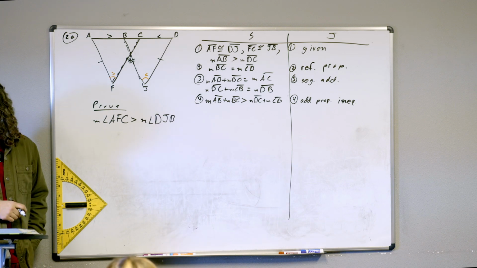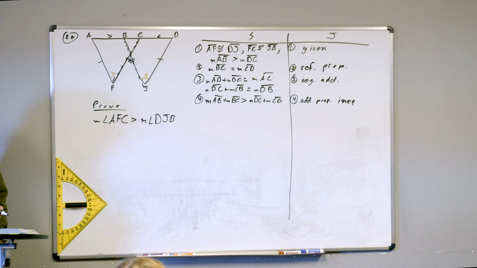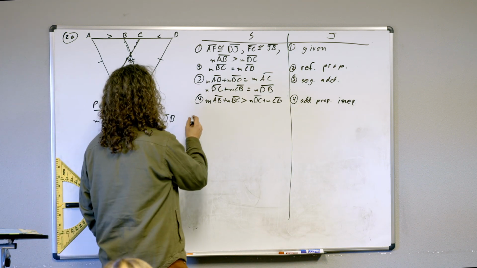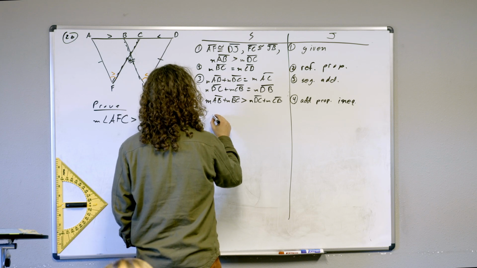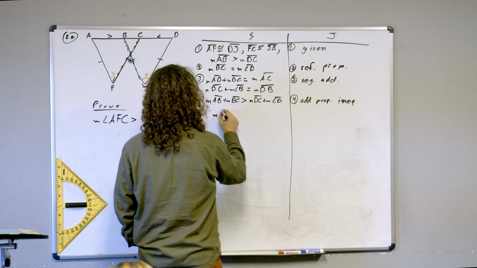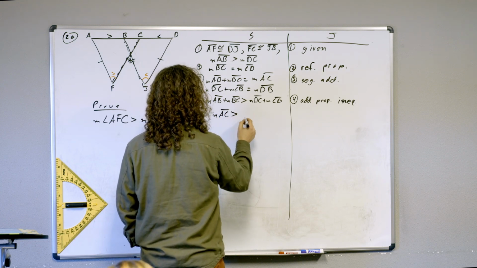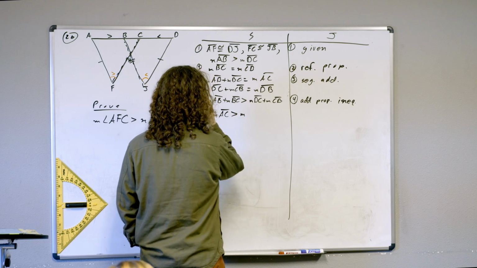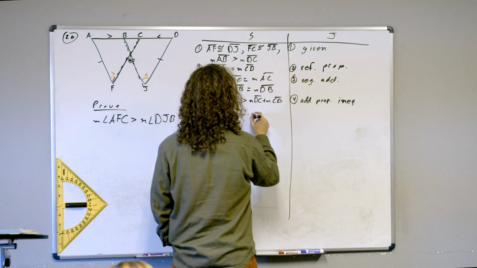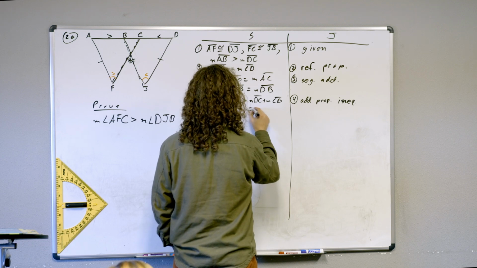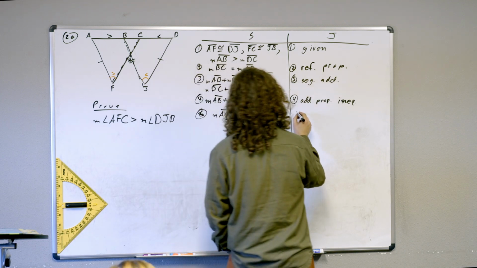Now what can we do? Now can we substitute? Yeah, we can. And then we can have the answer. So the measure of AC is greater than the measure of segment DB, because substitution.